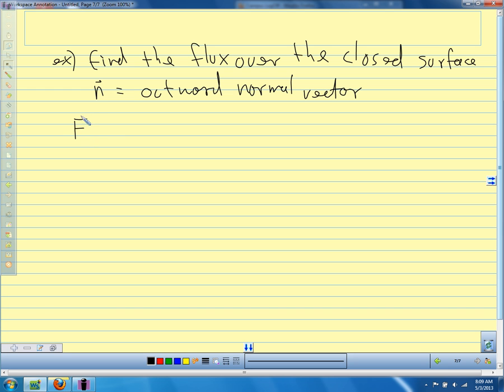Our field is x plus y i hat plus y j hat plus z k hat. And our surface is z equals 1 minus x squared minus y squared, and z equals 0.